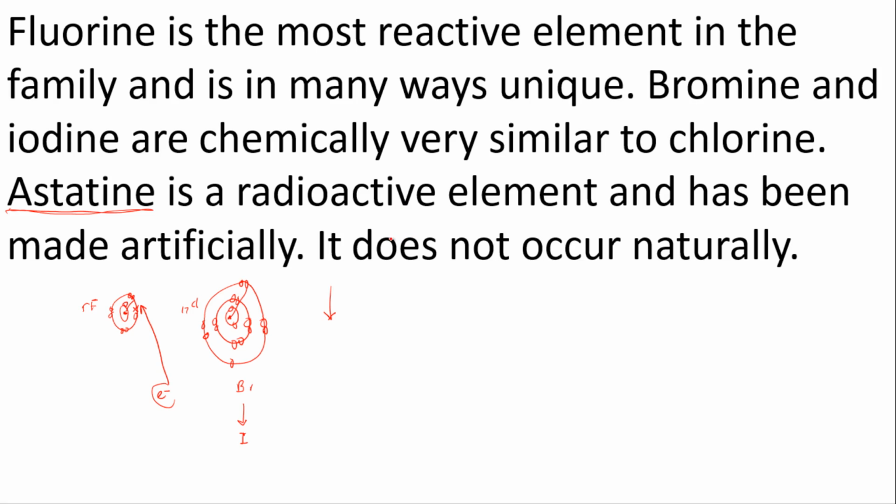Nuclide, because the nucleus of such elements is not stable. When you consider their neutron to proton ratio, it is not stable. And if it is not stable, automatically the atom can spontaneously disintegrate to form another atom. Therefore, it does not occur naturally. Okay, good.